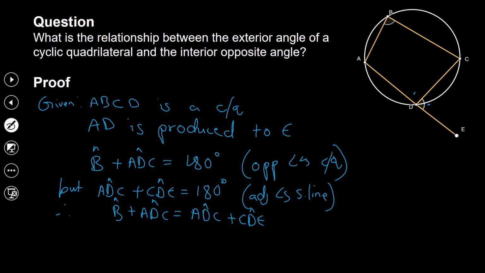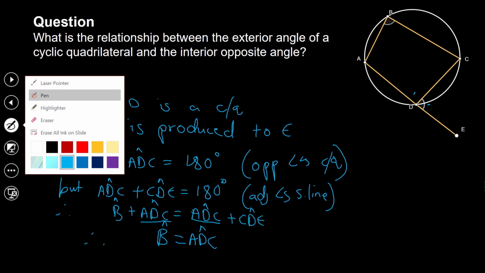And the ADC and the ADC, it's one and the same thing. Therefore my conclusion will be angle B is equal to angle, not ADC, angle CDE.